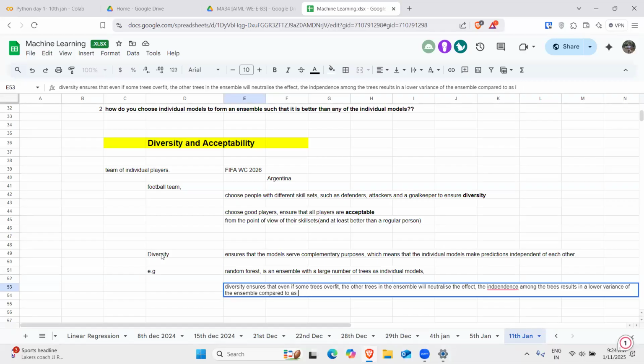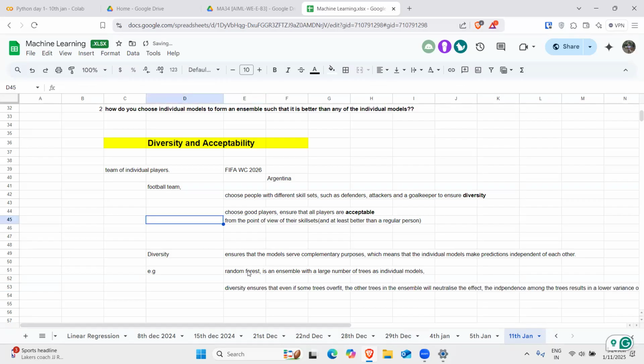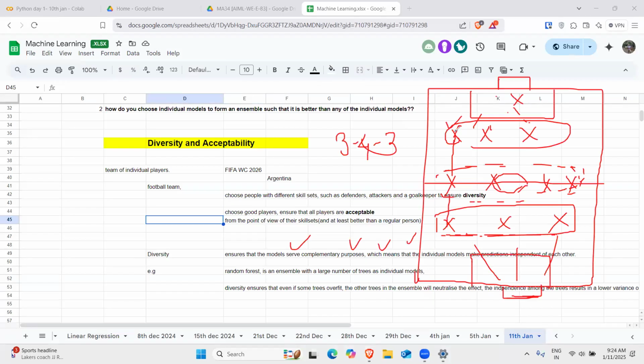The reason why we go with a team is that we want to eliminate the effect of an individual's weakness. Let's consider that scenario. Say this particular attacker, we call him the right winger, will not have the ability to play on the left hand side. Will he be able to play on the left? Certainly not.